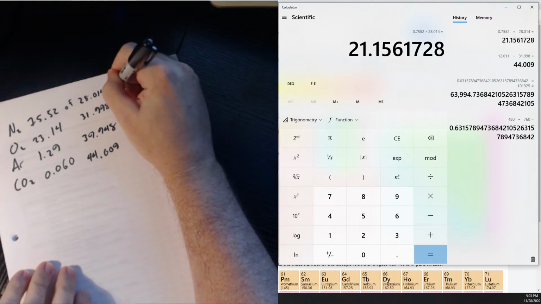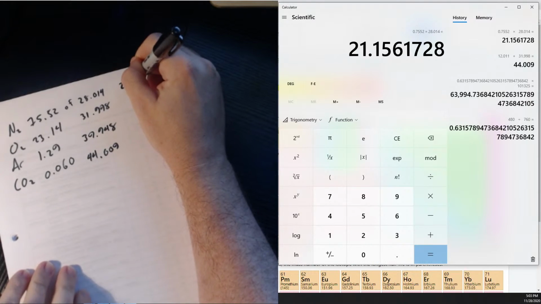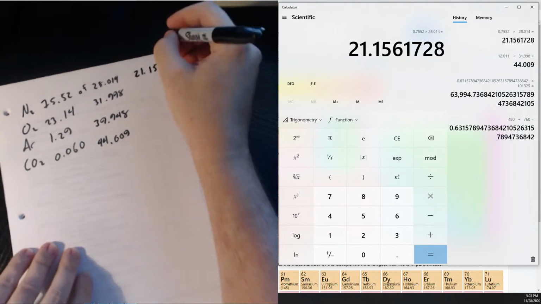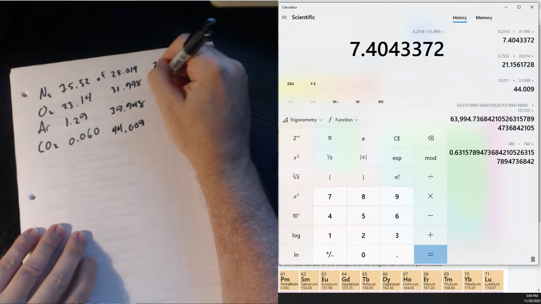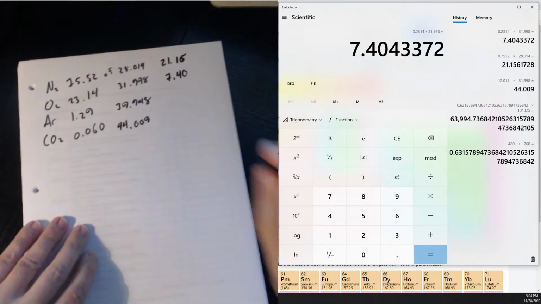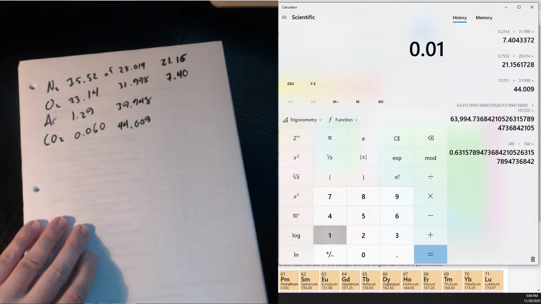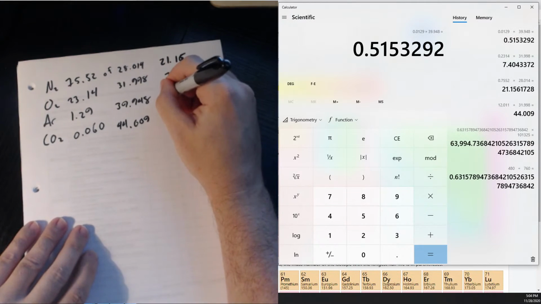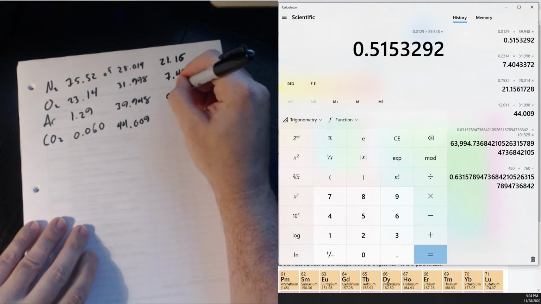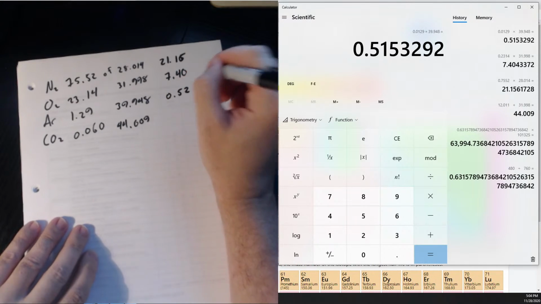So nitrogen is going to contribute 21.15. No, 16. Oxygen contributes 7.40. Argon, I'm just multiplying each one's percentage by the molar mass. So that's 5.2.